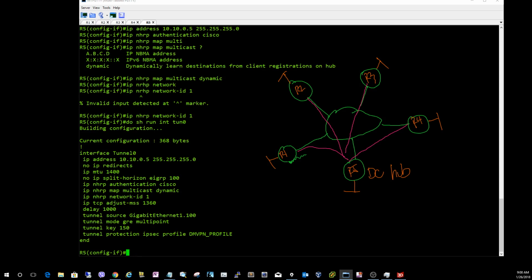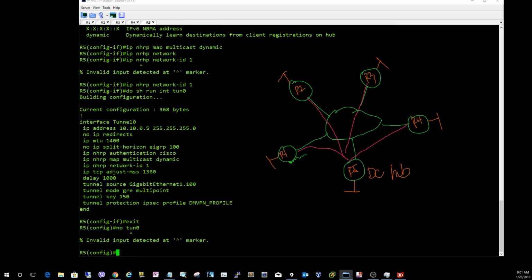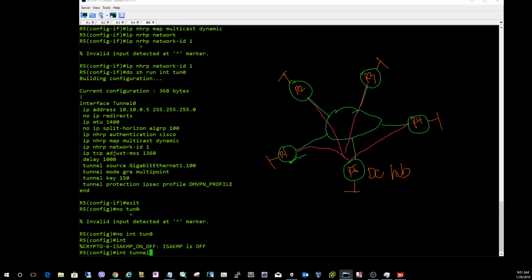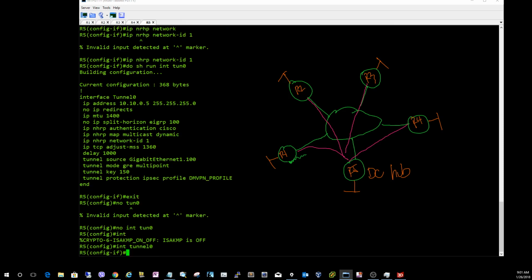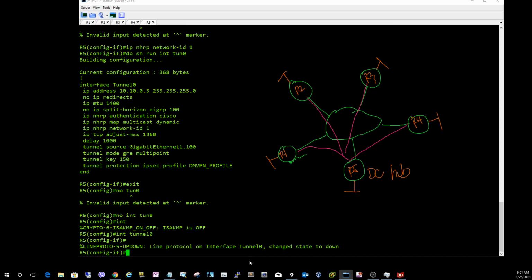Okay, I think I forgot to... let's do this again. Okay, so if I do a no tunnel 0, no interface tunnel 0. Okay, let's do this again. Tunnel 0, because you might get confused. How come that thing just appeared? Okay, so let's do this again.